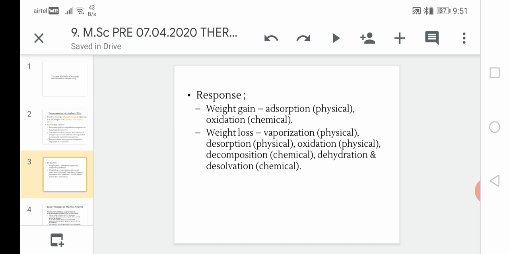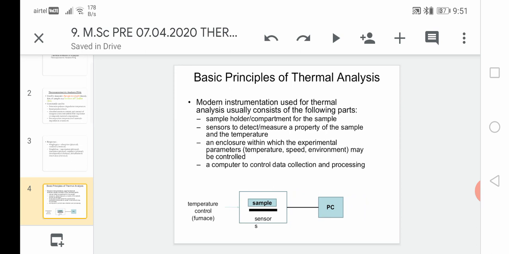If there is loss in weight, it means vaporization, desorption, oxidation, decomposition, dehydration, or maybe dissolution. So the change in weight may increase or decrease. This technique measures both the decrease or the increase of weight as a result of the heat supplied.